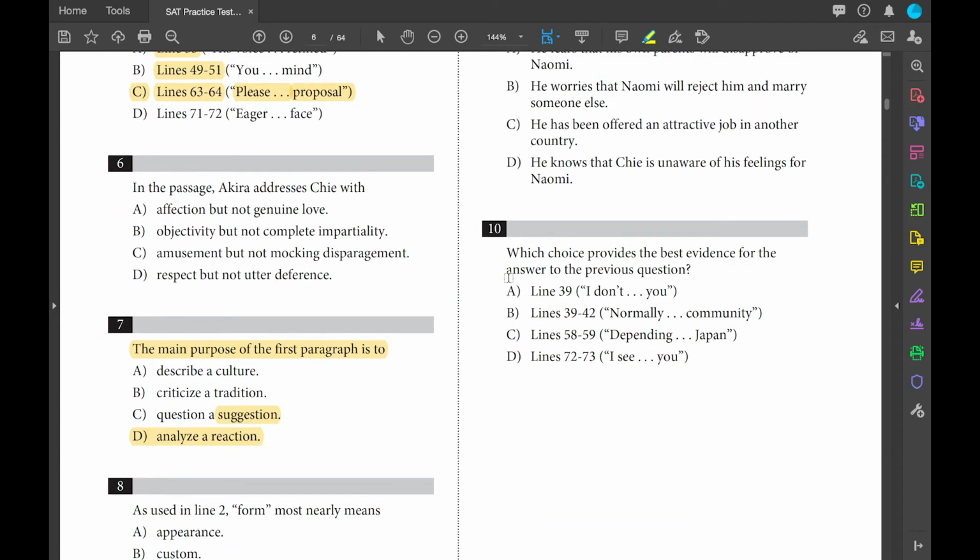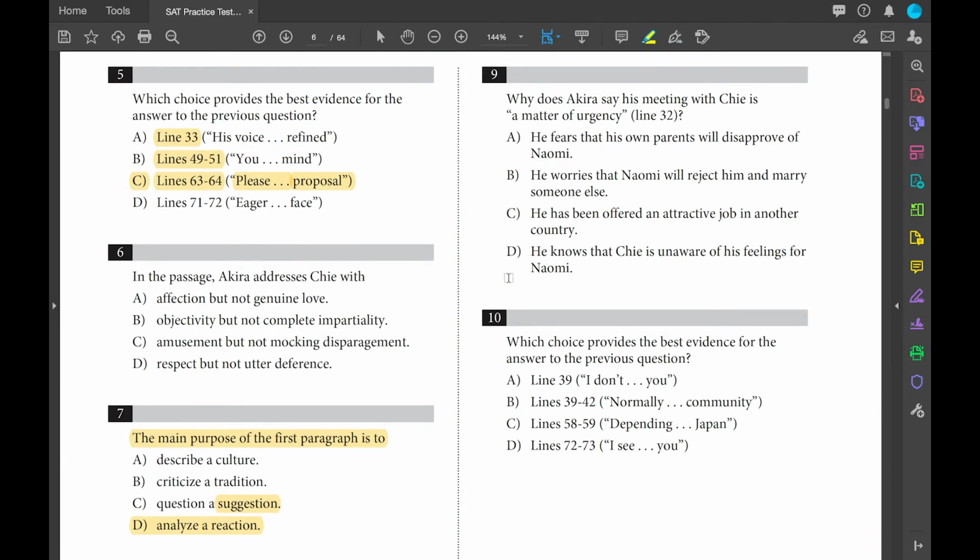I'll let you guys try a couple more on your own. If you try number 9 and 10, those are paired questions. So we're looking at, why does Akira say his meeting with Chiya is a matter of urgency? And then you'll go down and look for the line numbers that support that.